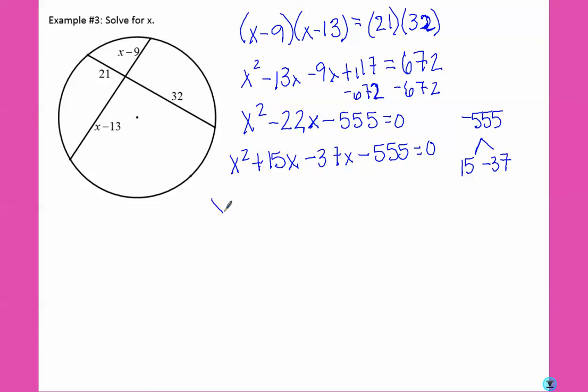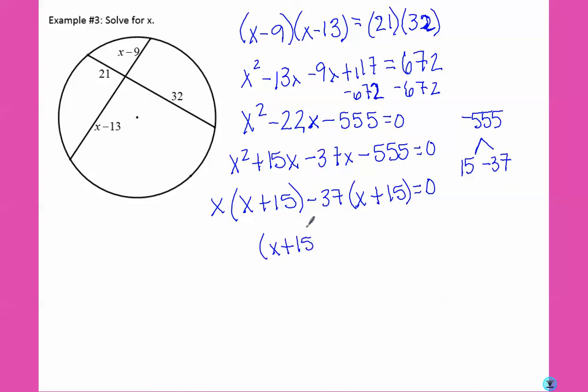These two both have an x, which leaves me with x plus 15. Since I know there's not going to be a coefficient in front of the x in the parentheses, that gives me a hint that both of these are divisible by negative 37. Factor that out and get x plus 15. So my factors are x plus 15 and x minus 37 equals 0.